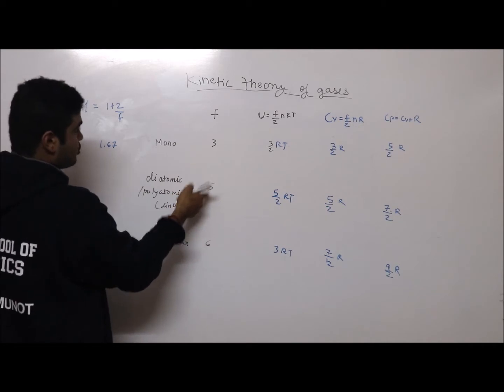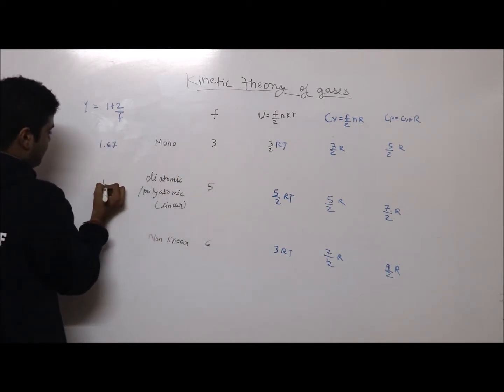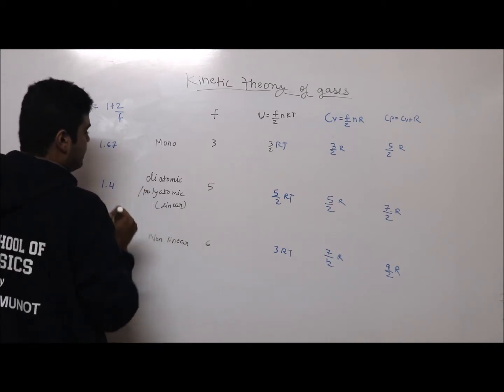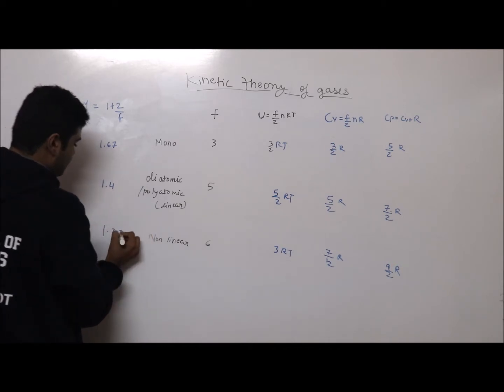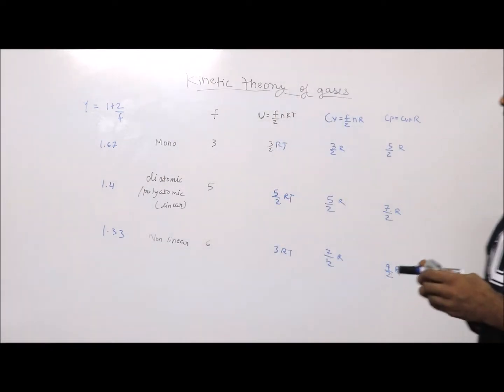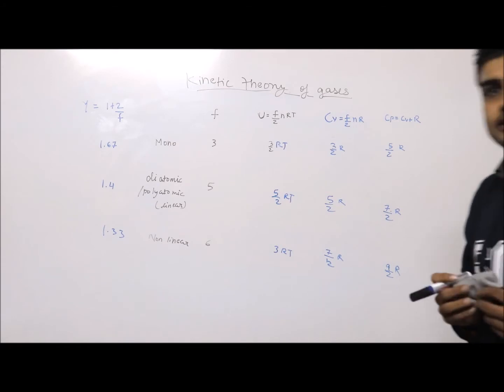Then this is 1 plus 2 by 5, which is equal to 1.4. And this is 1 plus 2 by 6, which is 1 plus 1 by 3, which is equal to 1.33. So you can have a complete look at this chart. This is the most important chart and summarizes your kinetic theory of gases.